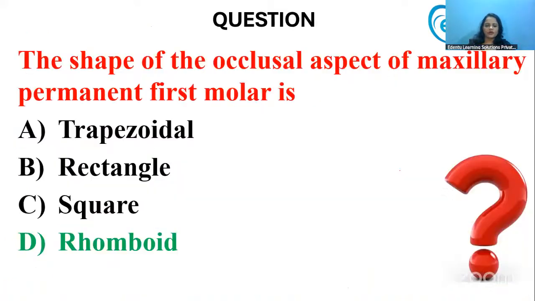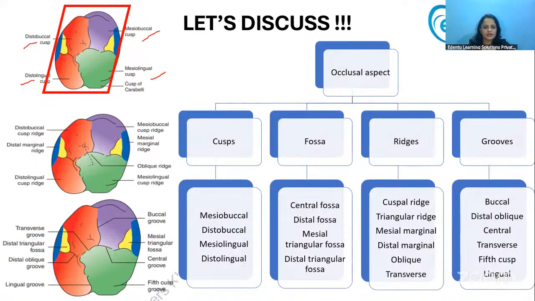Okay. Now, other than that, there will be fossae also, like the central fossa and the distal triangular fossa and the mesial triangular fossa. And the ridges, okay, the cuspal ridge, the transverse ridge, the distal marginal ridge will be present.